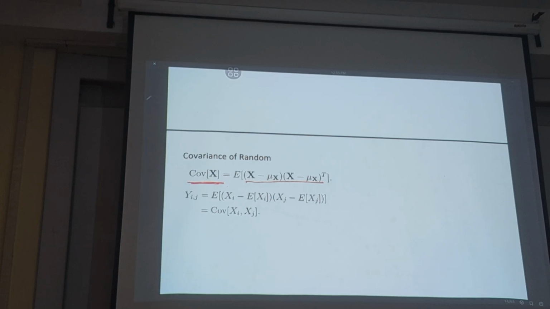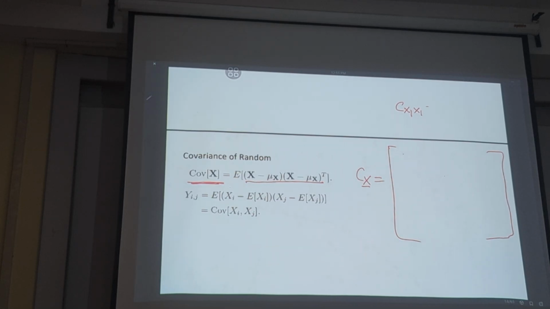And this element of this, now interesting thing. If it is the covariance of x, what are the elements? The first element is what? The covariance of x1 with x1. The second element is covariance of x1 with x2.